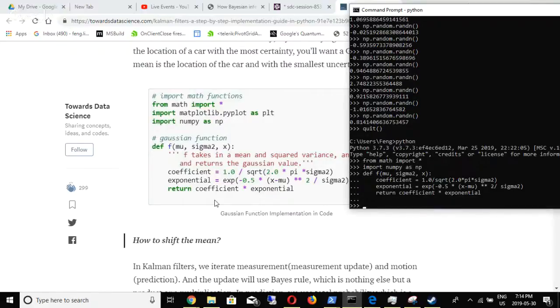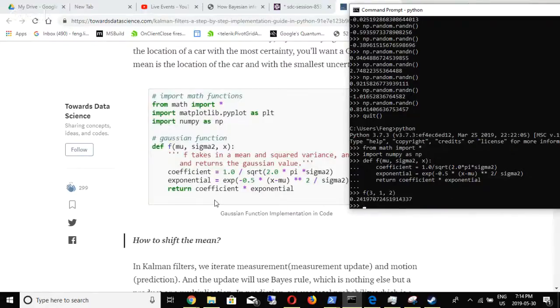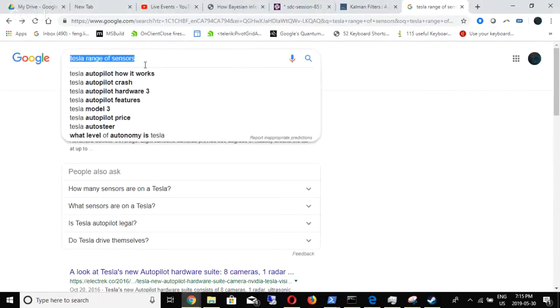So if we call f with mu equal to 3 and sigma squared a variance of 1, what's the probability of 2? That gives a probability of about a quarter of the time.